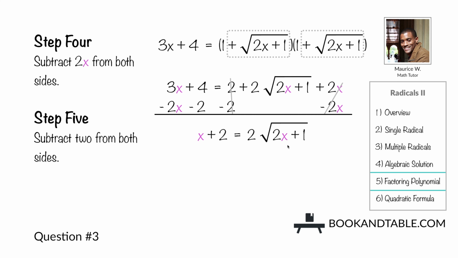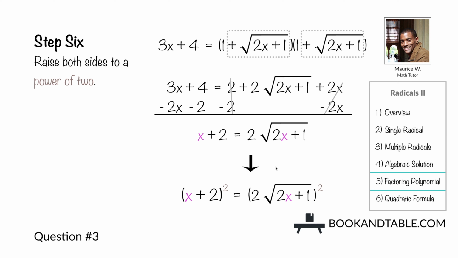So step 6, raise both sides to a power of 2 so that we can remove this radical. When we do, we have x plus 2 squared. And on the right side, we have 2 radical 2x plus 1 squared. 2 squared is 4.